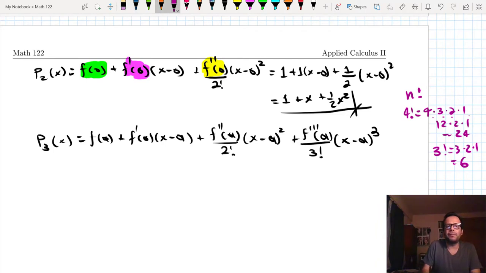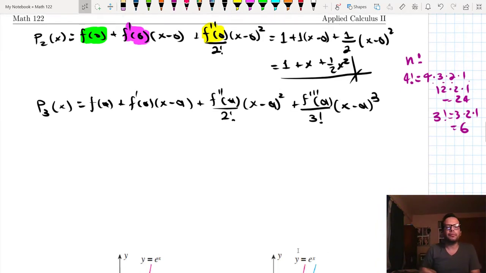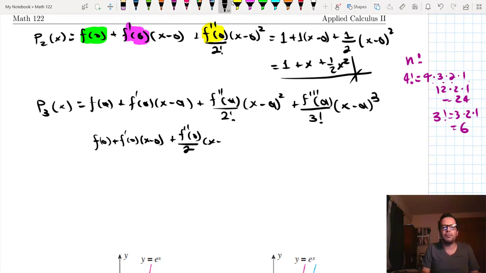Okay, so let's see. f of 0 plus f prime of 0 times x minus 0 plus f double prime of 0 divided by 2 factorial, which is 2, times x minus 0 squared plus f triple prime evaluated at 0 divided by 3 factorial, which we already said is 6, times x minus 0 cubed.